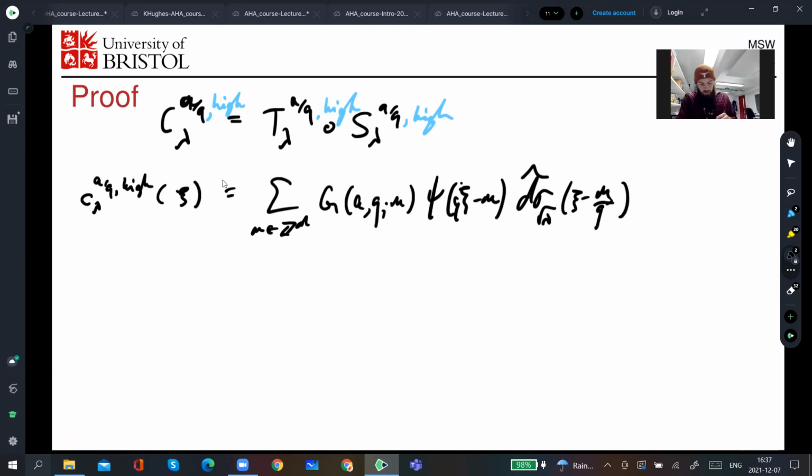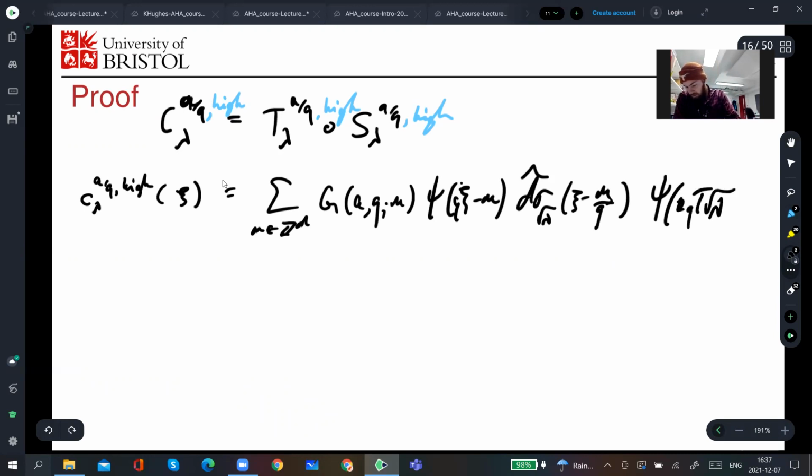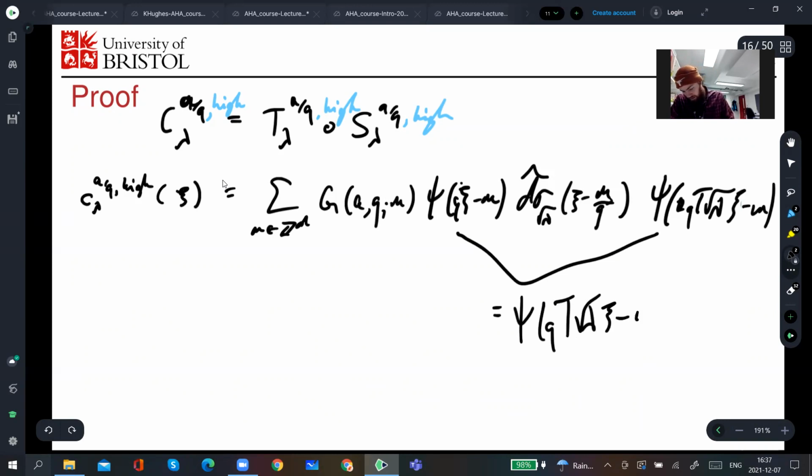And when it's high, I also have this other factor here, psi of 2 QT root lambda C minus M. And I told you that the product of this and this was just equal to the latter one, by the assumptions that I made. It's the same sort of self-reproducing formula we saw in the continuous lectures for the middle part of this course.